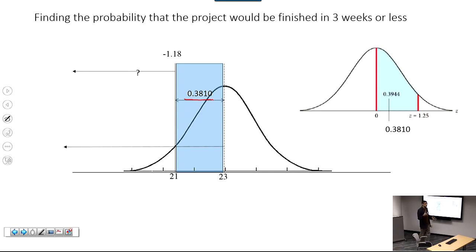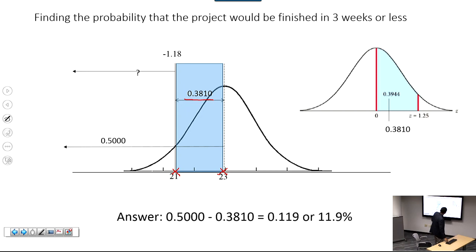The way to interpret this is that it is the probability that your project would be finished somewhere between 21 days and 23 days. That area is the probability that it will be finished between 21 and 23. And our question is, we want the probability that it will be finished in 21 days or sooner. So essentially we took that 0.5, subtracted 0.3810, and as we discussed earlier, we found that the answer to that question is 11.9%.